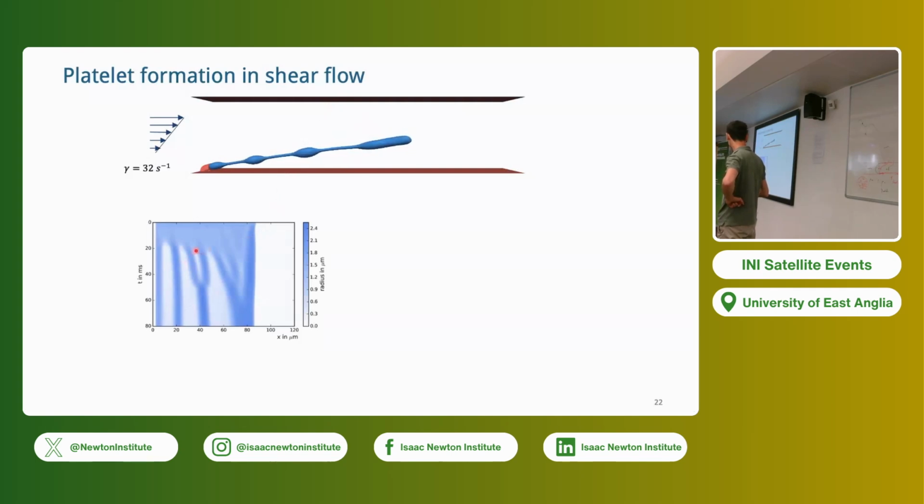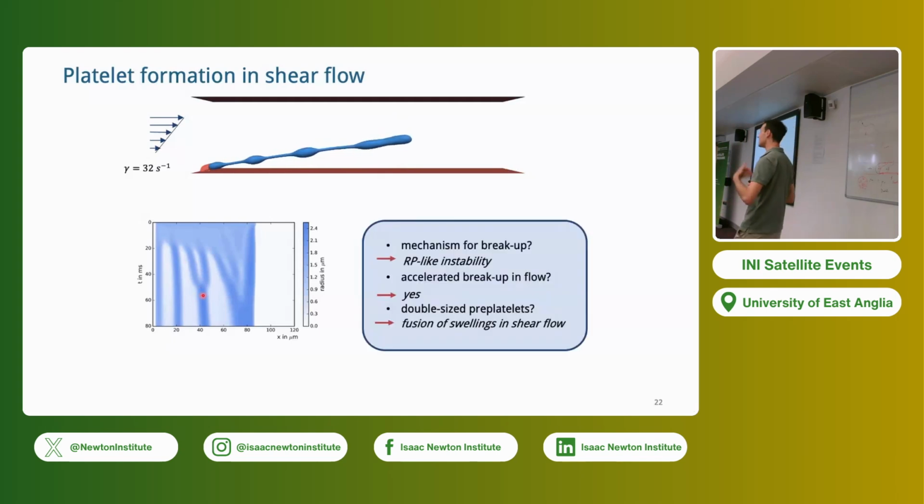They form as separate bulges, then they grow, and here eventually they merge, and then they form one large bulge, which then has twice the volume as the original one. So we hypothesize that the occurrence of these pre-platelets, these double-sized platelets, is actually due to fusion of these bulges, which is induced by the flow. So the flow is responsible for merging two of these bulges, and that gives you the pre-platelets.